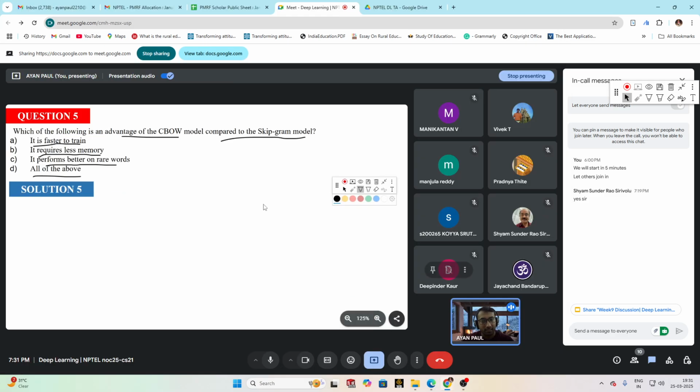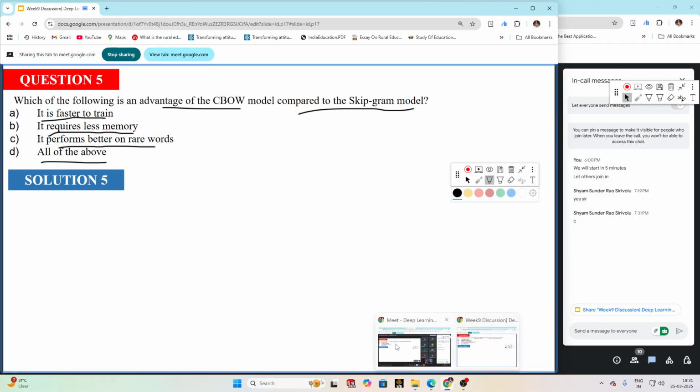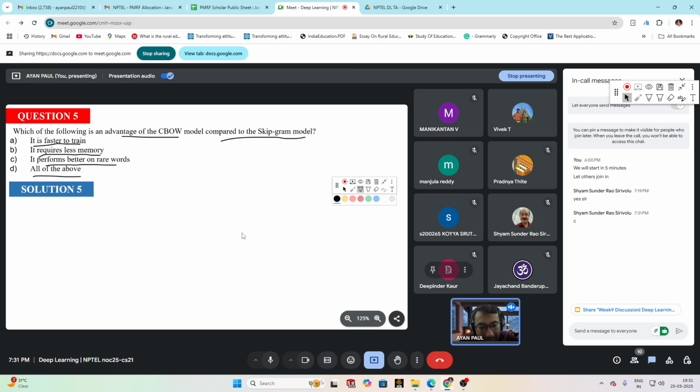Any guesses for this? No guesses? Okay, so what is the difference between the CBOW model and the skipgram model?